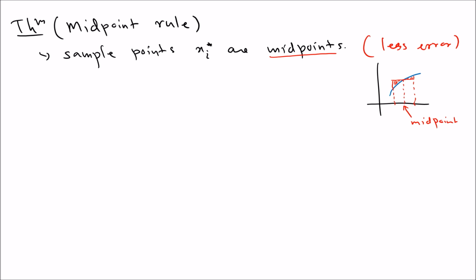Other things are still the same. When you start with a, we normally call that x0, and then x1, x2, like that. And then the last point, which we normally call b. Your typical point, what we call the xi bar, for the midpoint is simply half of the two endpoints, that means x(i-1) plus xi.